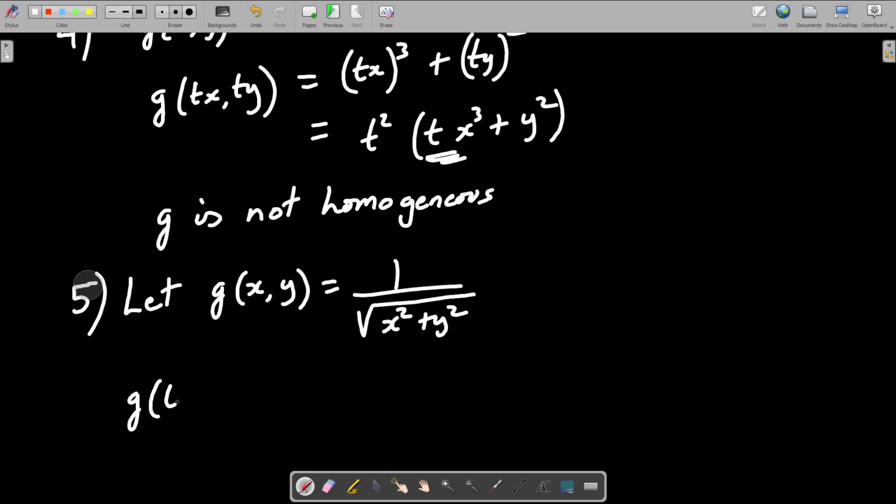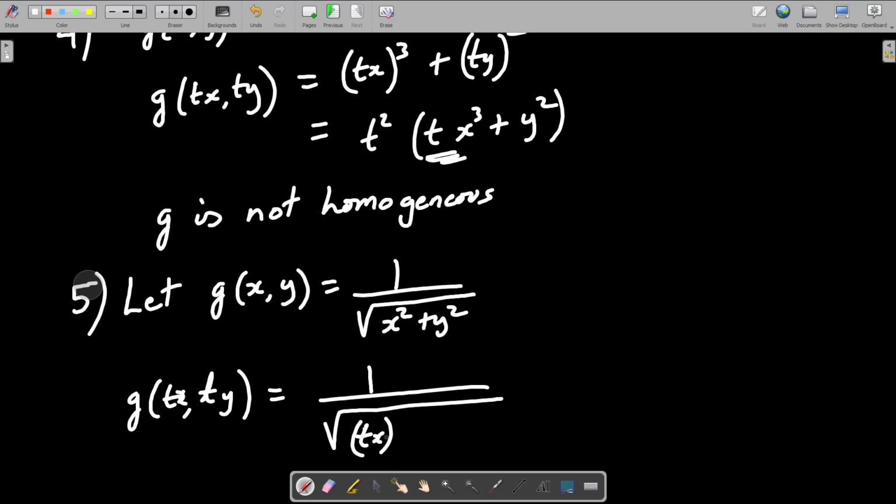What will be your g of t x, t y? This will become 1 upon root over t x the whole square plus t y the whole square. So t square will come out common.